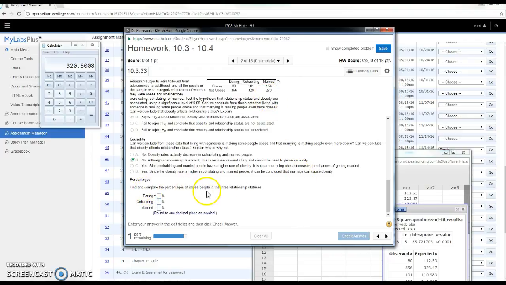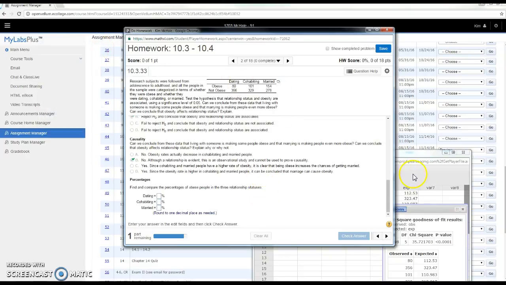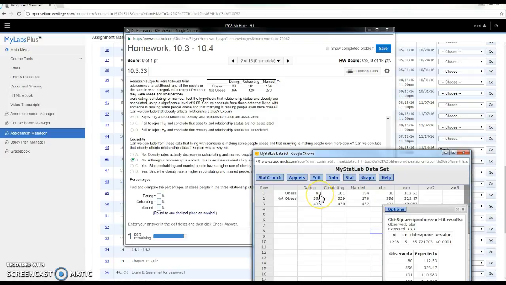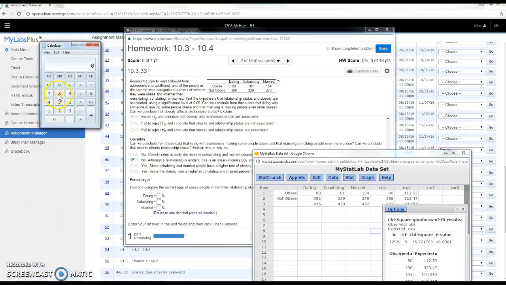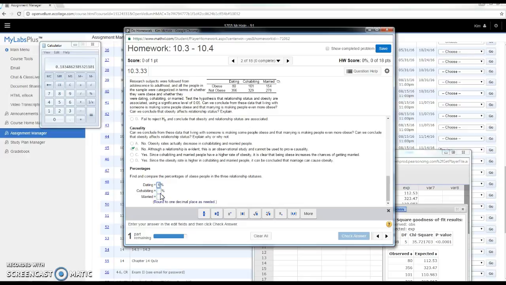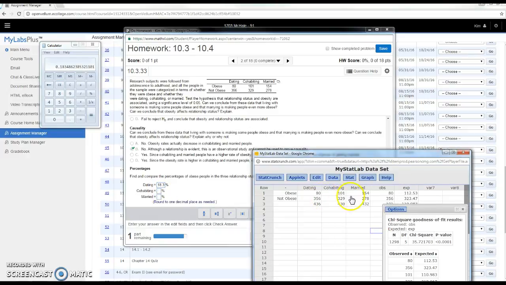Find the percentages of obese people in the 3 relationship statuses. So now they want me to find the percent of obese dating people. That'd be 80 divided by 436, so 18.3% of dating are obese. Then 101 out of 430.